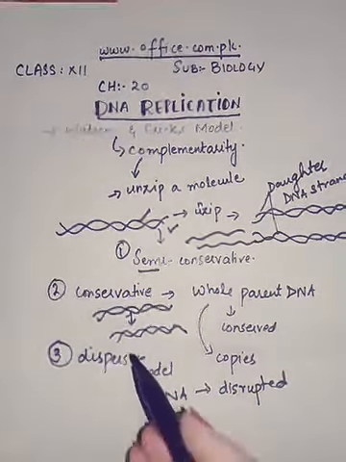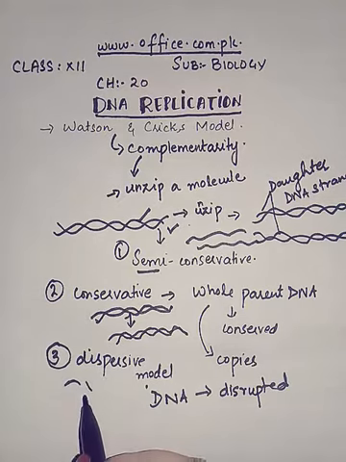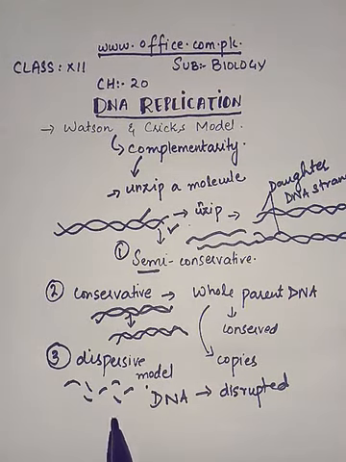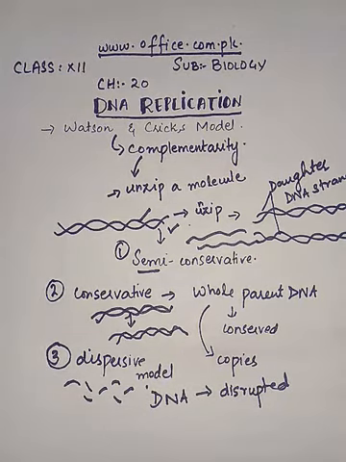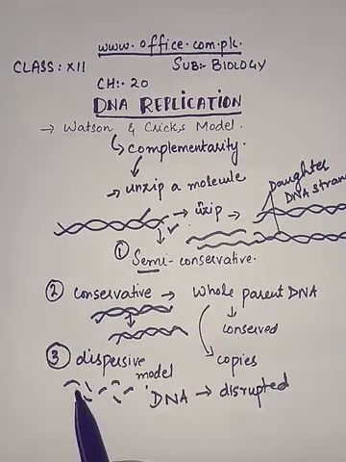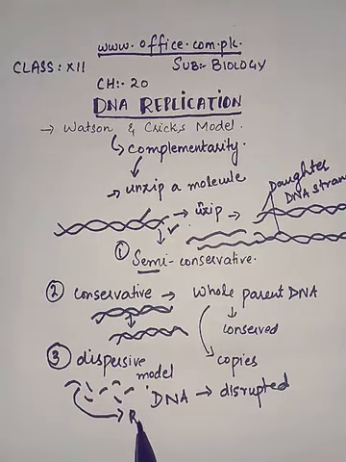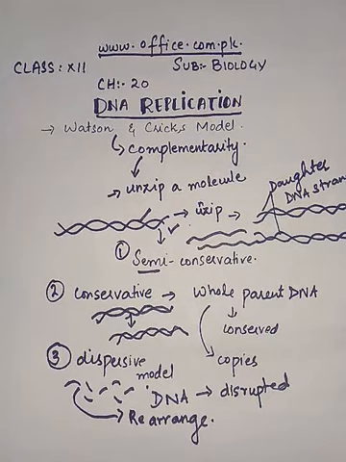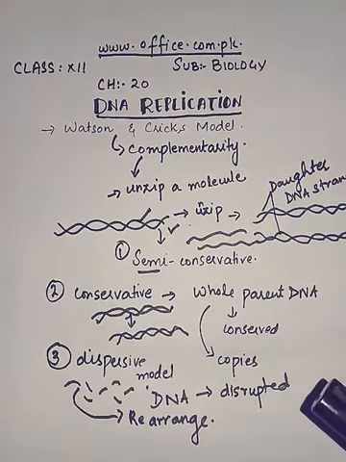And the dispersive model states that the DNA molecule will be disrupted into different nucleotides, and in the formation of the new DNA molecule, these nucleotides will rearrange themselves, and the new molecules formed will be mixtures of the existing nucleotides. So they will have a mixture of the new nucleotides as well as the old nucleotides. So this is the basic concept of the hypotheses presented for explaining the process of DNA replication.